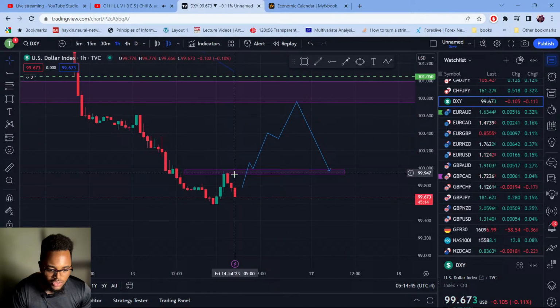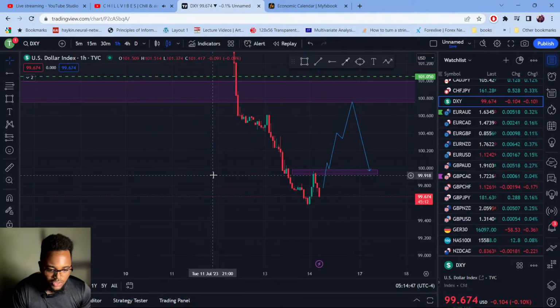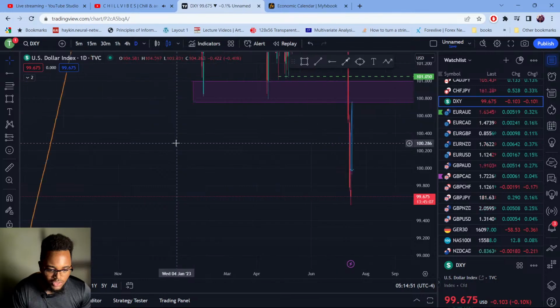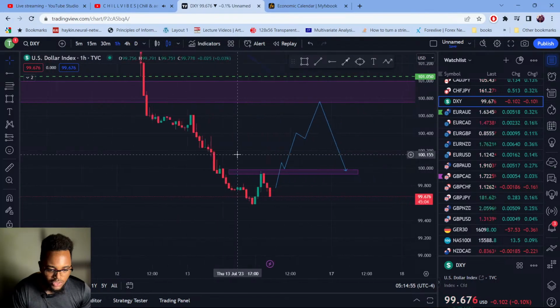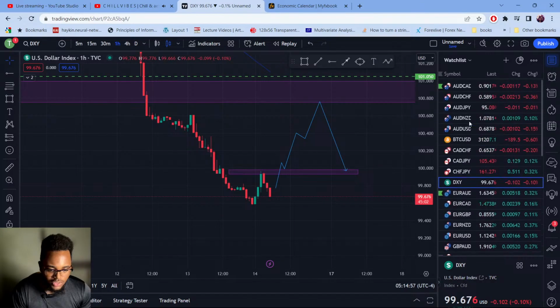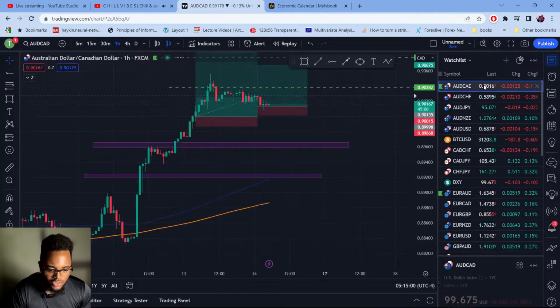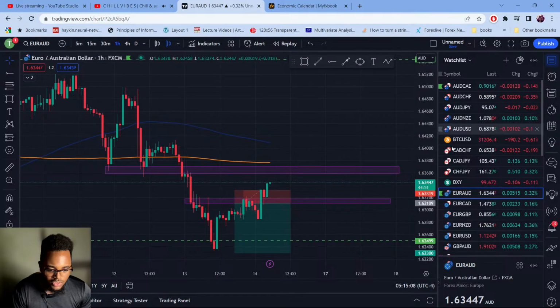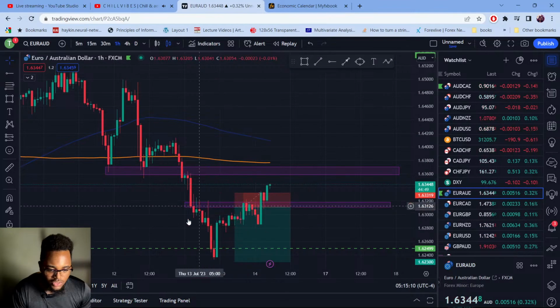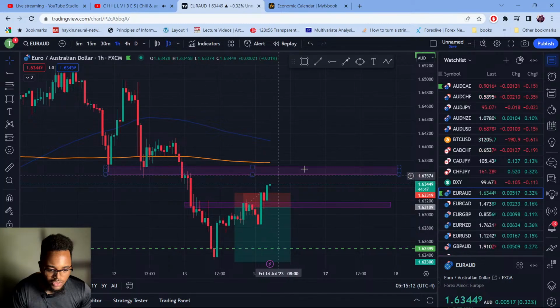You can see price came here, we had a little push to the upside, and now we're pushing back down. A really bearish couple of days, a really bearish week. So it's anybody's guess, price could continue pushing lower, or it could push even higher on a Friday and coming into the next week. You have to be aware of the price action movement.